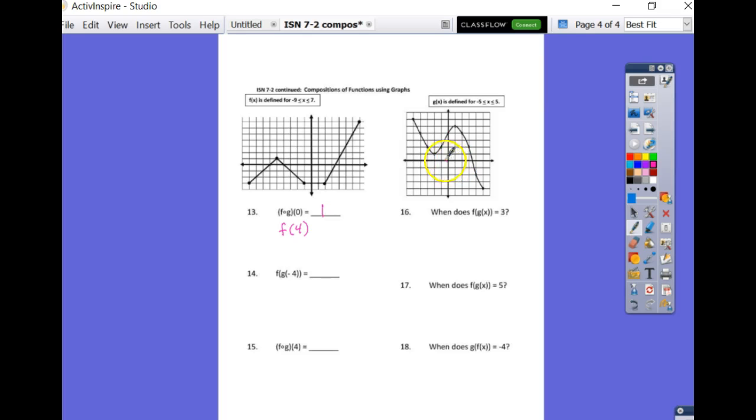So I have to start on this side. 1, 2, 3, 4. So I get f of 4. I get 1 again. So my y value at 4 is negative 2. Get negative 2.